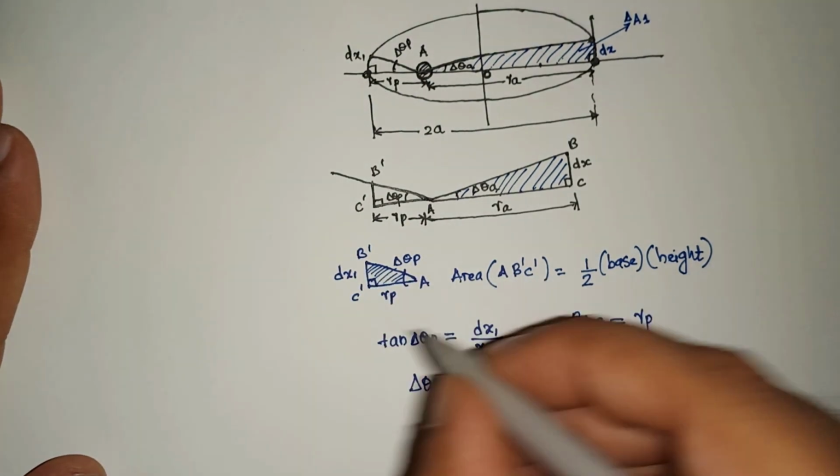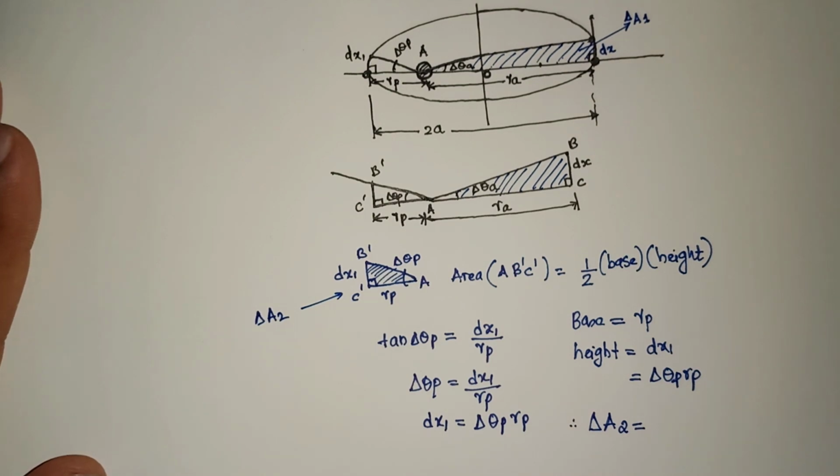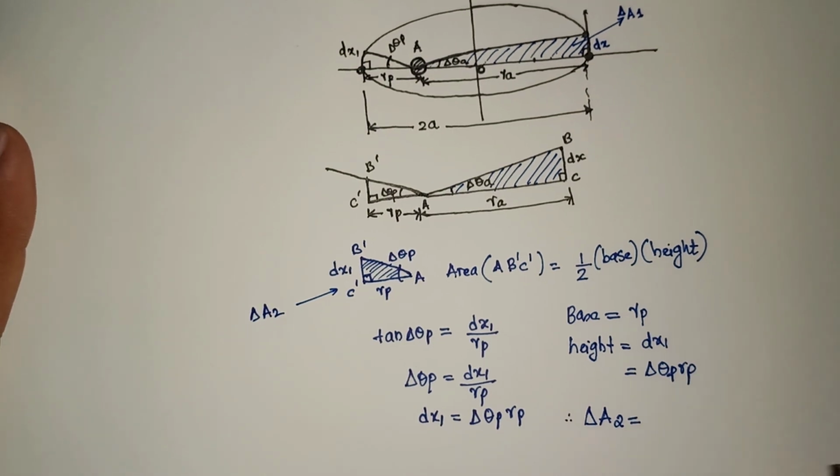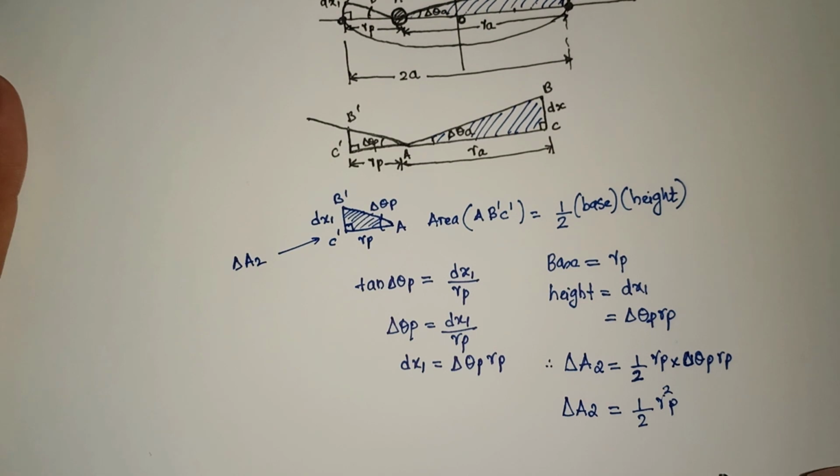That should be delta a2, the area of this triangle. So delta a2 is going to be half into, this is basic elementary math, half into base rp into delta theta p into rp. So you are going to get delta a2 is equal to half into r square p into delta theta p.